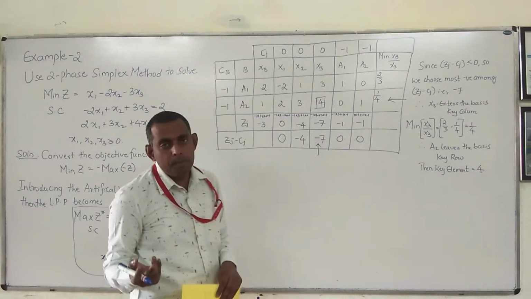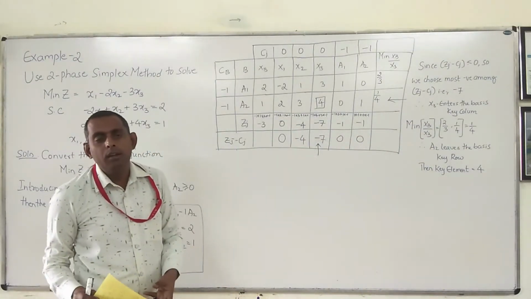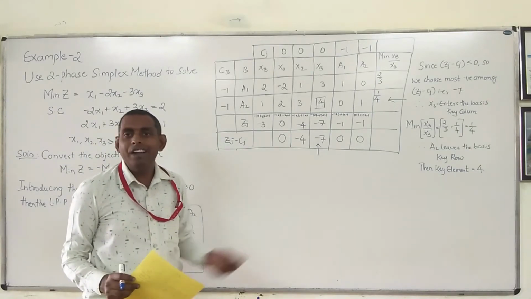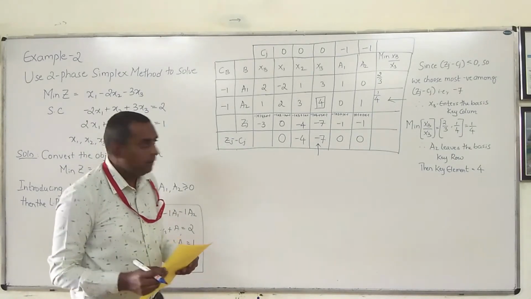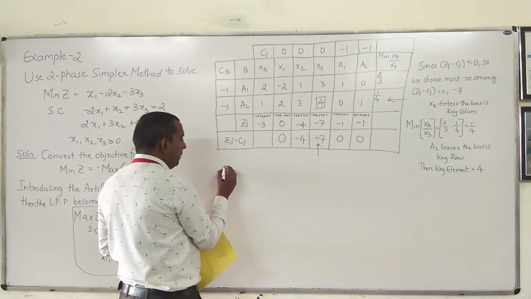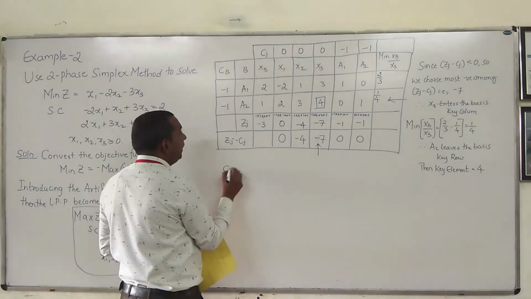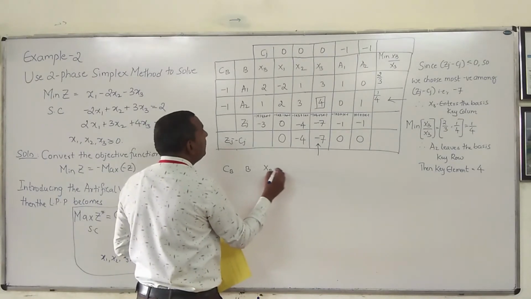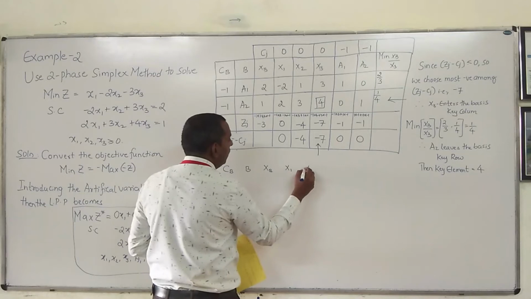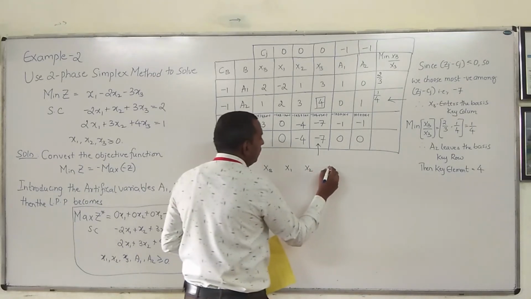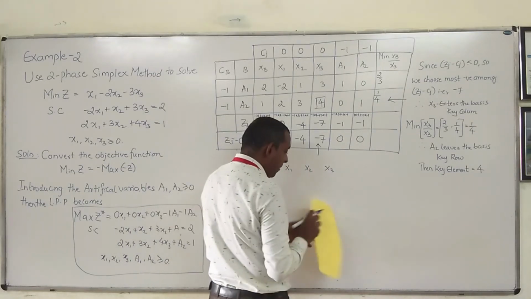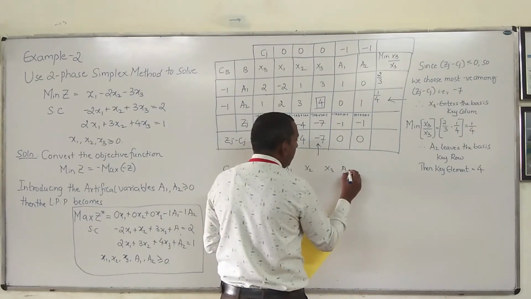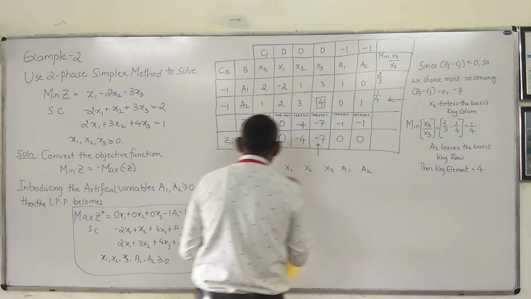As per the simplex table, once we got the key element, we go for the next simplex table. So the next simplex table has CB, B, XB, X1, X2, X3, A1, A2.